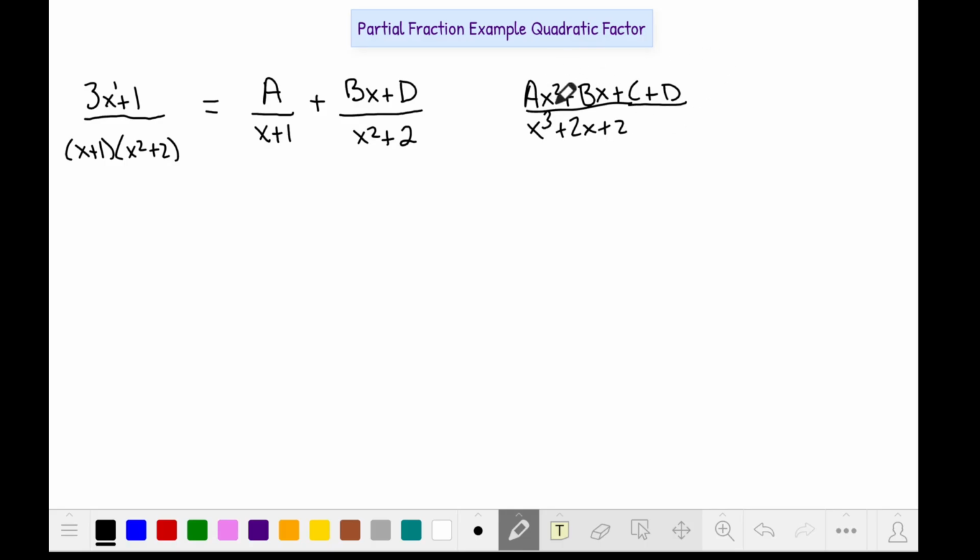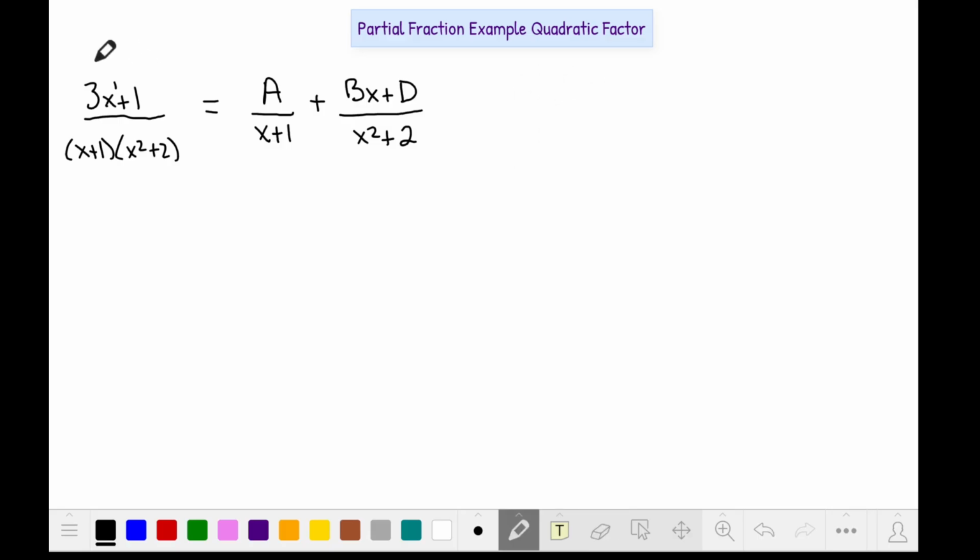And then because it's a power of 2, we need to include power of 2, power of 1. Oh, I didn't need to put the d there, my bad. So because it's a power of 3 at the bottom, the power of 2 at the top needs to have power 2, power 1, power 0 meaning no x's. But in this case, it's not a power 3, it's just a power 2. I just wanted to make that extra clear.